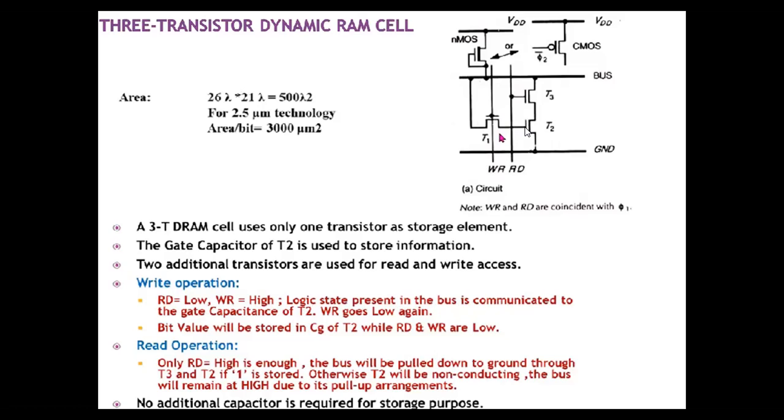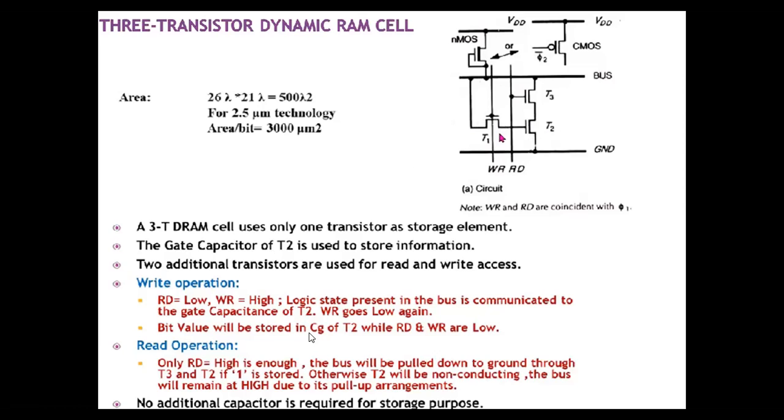So the information you want to write is transferred on the bus via the on transistor T1, and that information, logical 1, will be stored in the input capacitance of transistor T2.